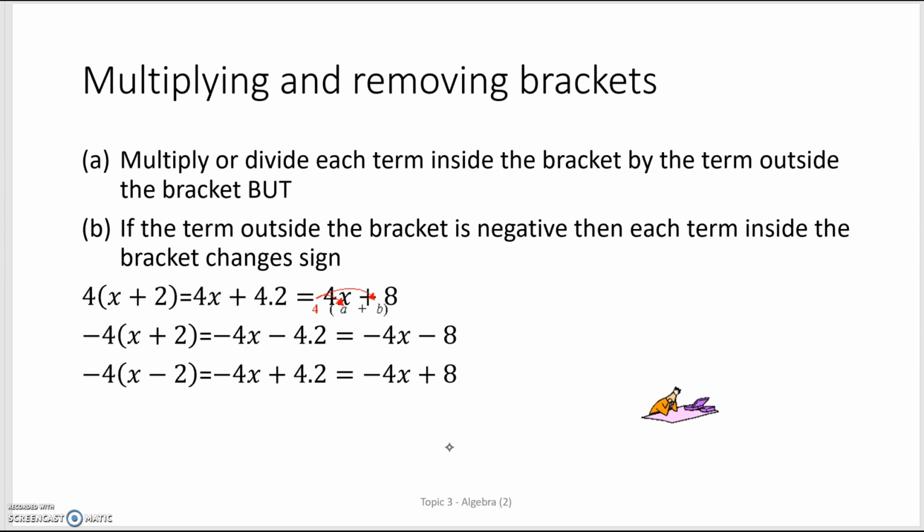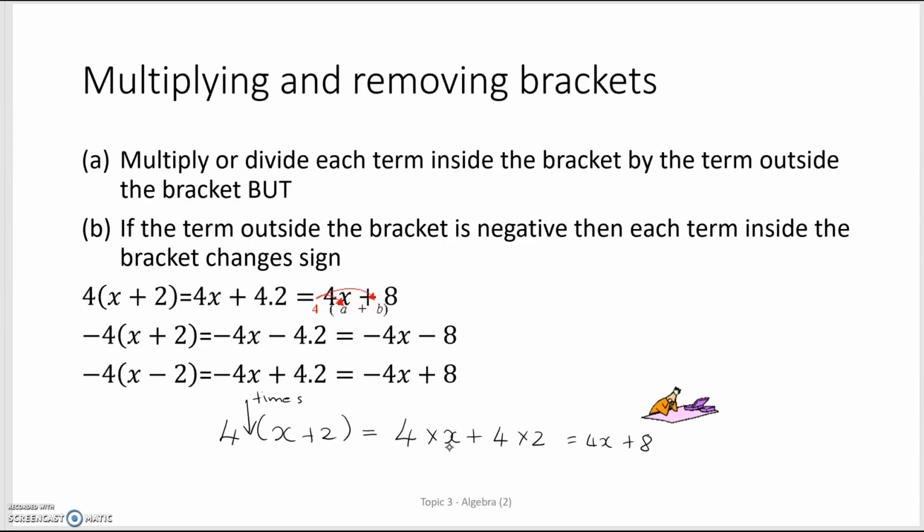If we've got, in this case, 4 times x plus 2, because what's in there is times, then we use the distributive law to say that this is the same as 4 times x plus 4 times 2. So that's 4x plus 8.